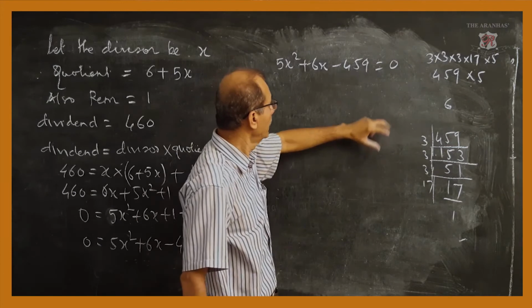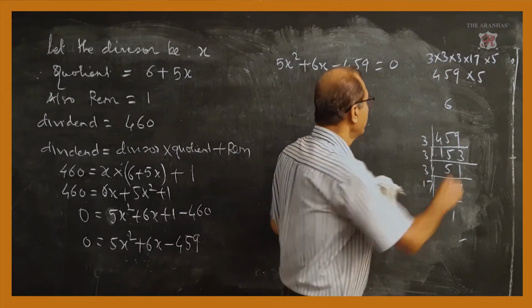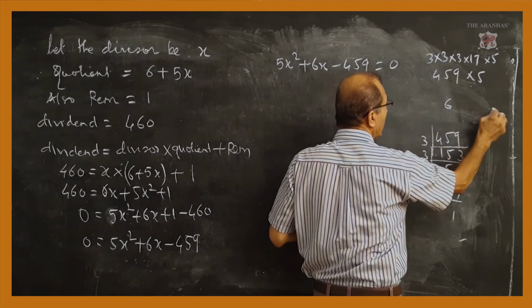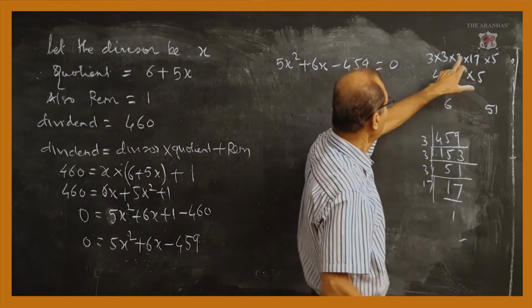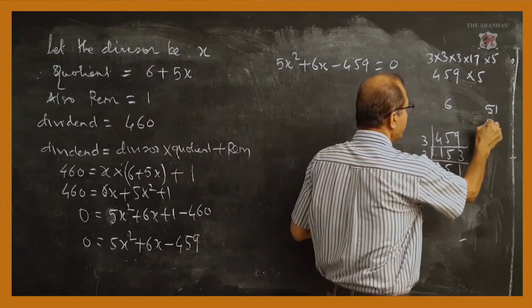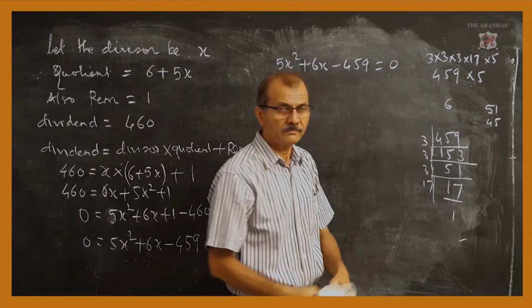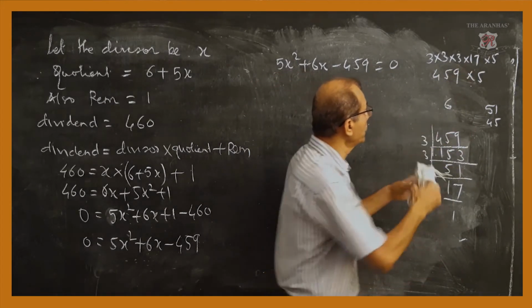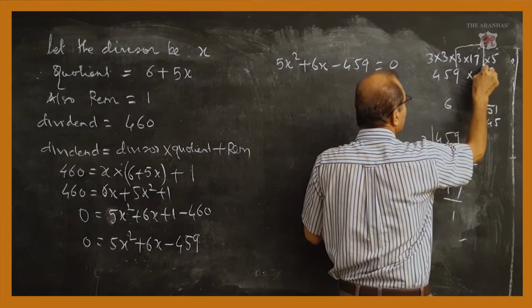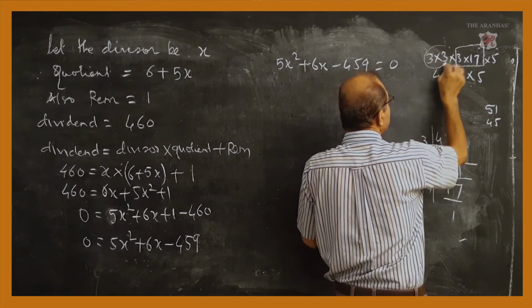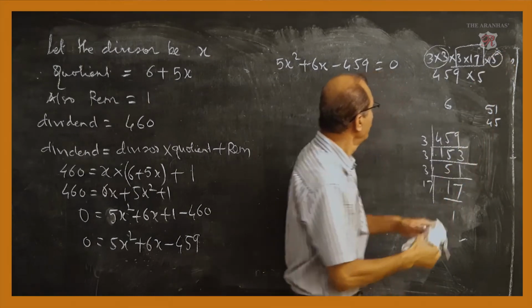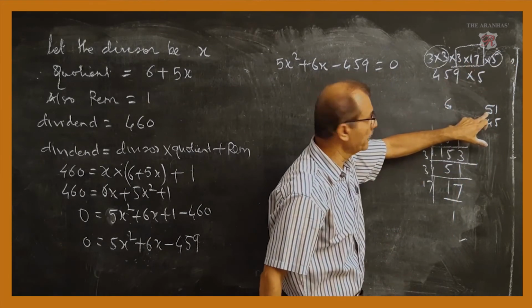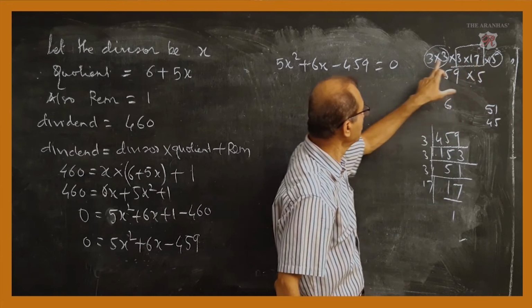Here, if I take the combination, 17 3s are 51 and 9 5s are 45. I'll repeat. 17 into 3, these two I will combine, and this I will combine. So 17 into 3 is 51 and 5 into 9 is 45.